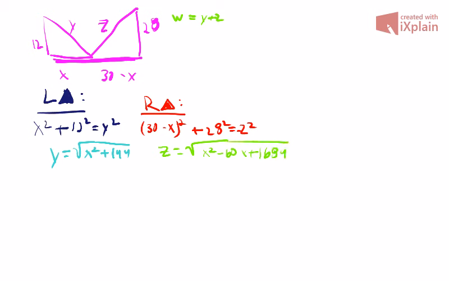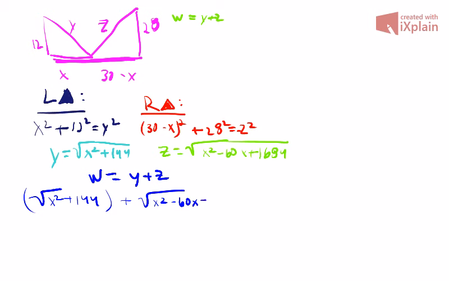All right, cool. So we know that w is y plus z. So w equals y plus z, where y equals the radical of x squared plus 144, and we're going to add that to the radical of x squared minus 60x plus 1684.